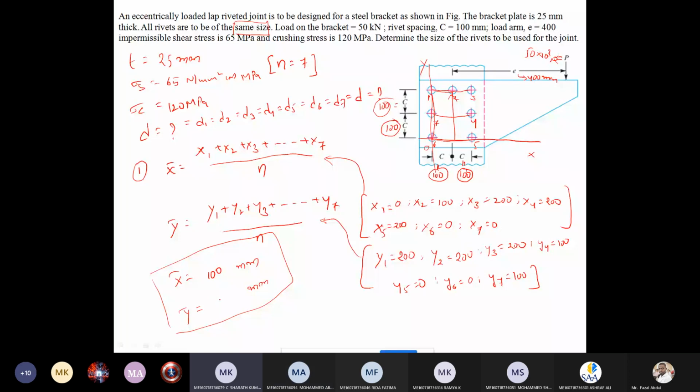Very good. 114.28, I'm writing. Okay, the first step is over.